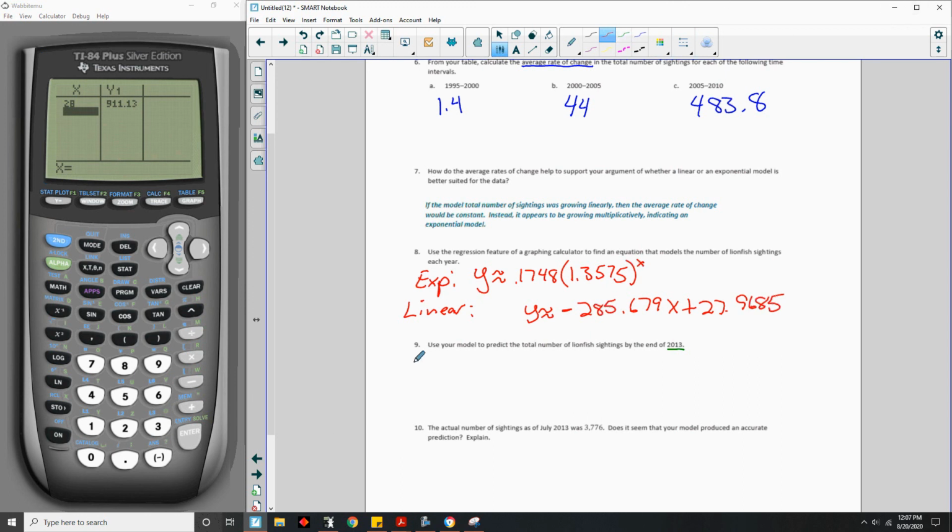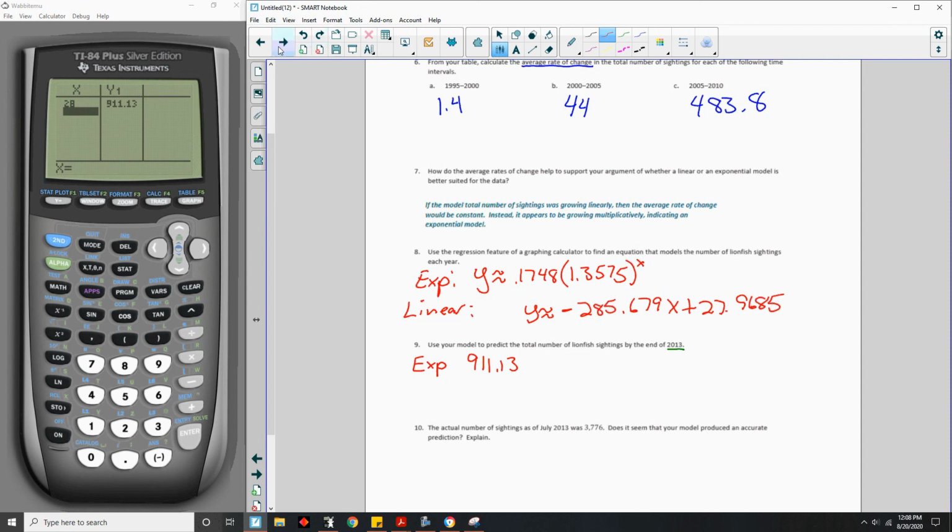But anyhow, when we use the exponential function, the sightings was 911. Use your model to predict the total number of lionfish sightings by the end of 2013.